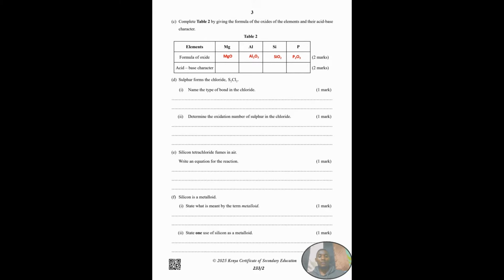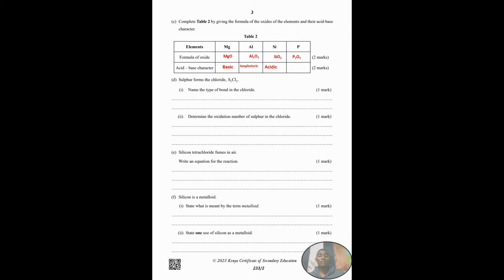Looking at the acid-base character, magnesium oxide is always a basic oxide. Aluminium oxide is an amphoteric oxide. It's an amphoteric substance with characters of both acid and base, depending on what it has been reacted with.